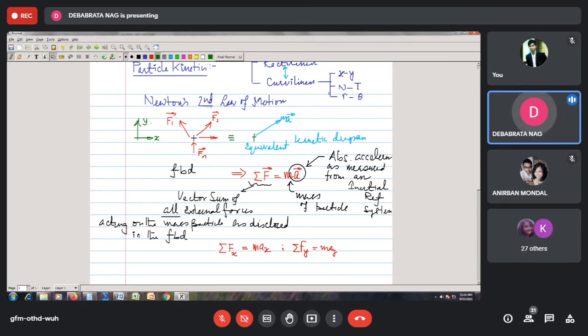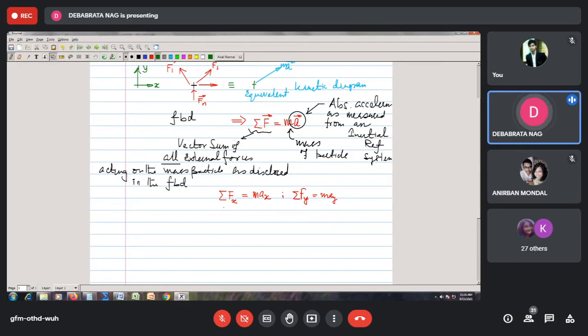In exactly a similar manner, instead of x and y axes, you can have a normal-tangent coordinate system, if the particle moves along a curved path. For them, my equation would be summation Fn equal to m an, where an is the normal component of acceleration.